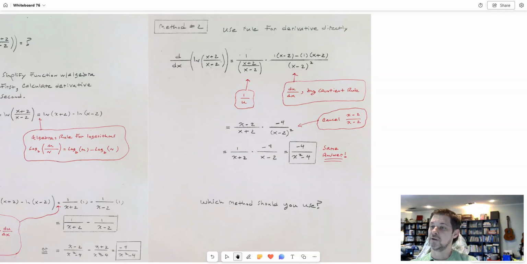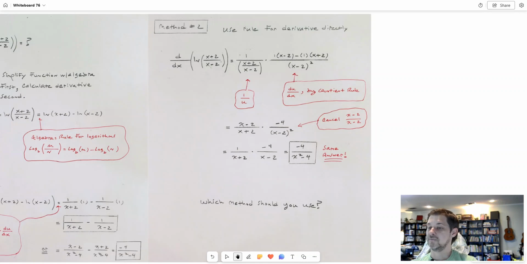And then this part I could simplify to negative 4 over (x minus 2) squared. To go to the next step, I notice some canceling can be done. I get an x minus 2 here, and then I have two factors of x minus 2 here. I can cancel one of those pairs. I would turn this into a 1, and I would turn this into just x minus 2.